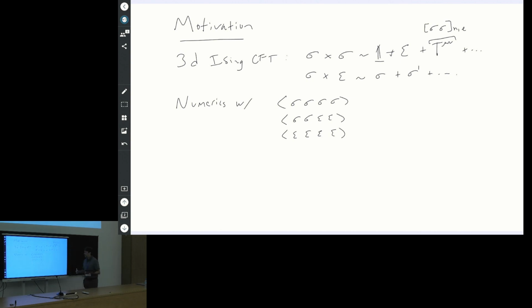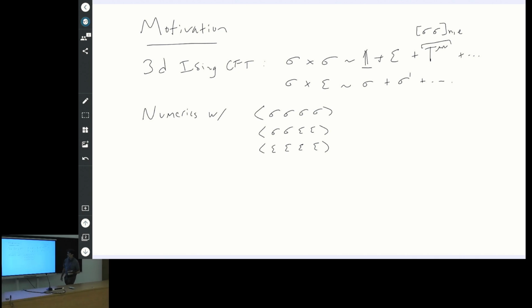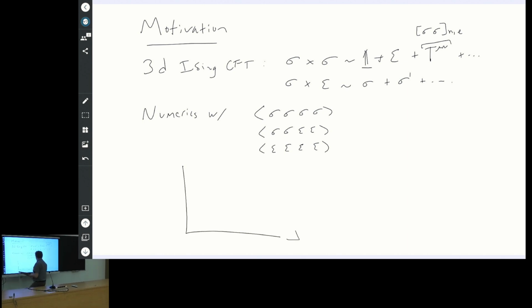We just passed the 10-year anniversary of the discovery that if you take this system of correlators, write down their crossing relations, impose some gaps that isolate sigma and epsilon, then you get an island in the allowed parameter space of delta sigma and delta epsilon. So if you don't put any gaps, you get some bound with a kink in it, and if you isolate them, you get some island.